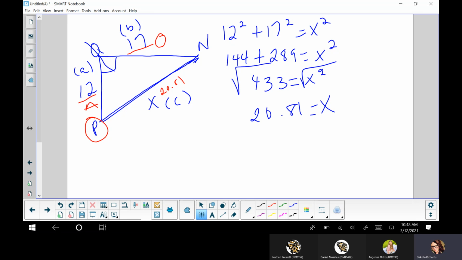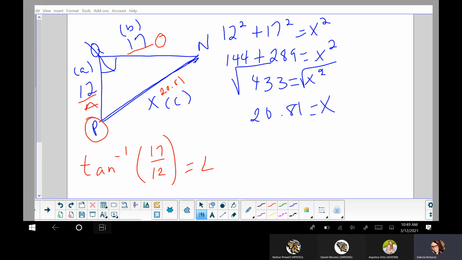So which ratio has opposite and adjacent? Tangent. So the inverse tangent of that ratio of opposite over adjacent, which is 17 over 12, is going to give you your desired angle.